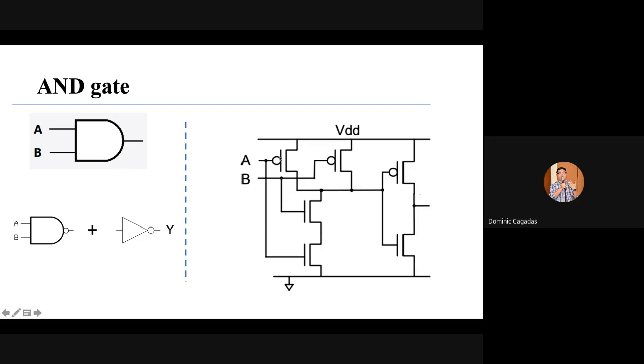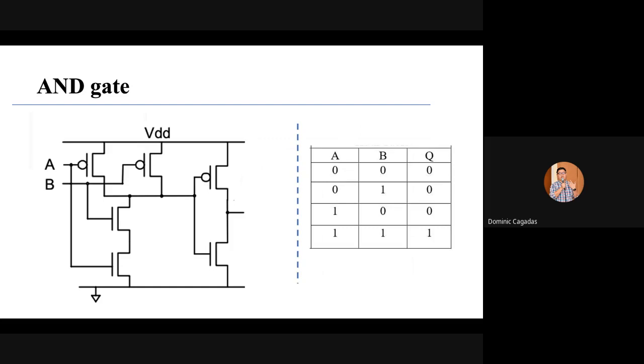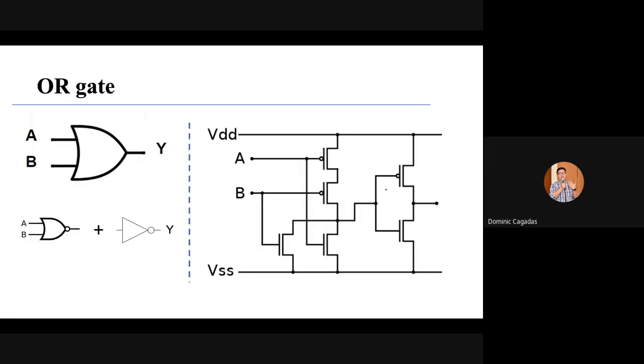Yes, sir. Okay. For an AND gate, the PMOS is parallel and the NMOS is series. For an OR gate, the PMOS is series and the NMOS is parallel.